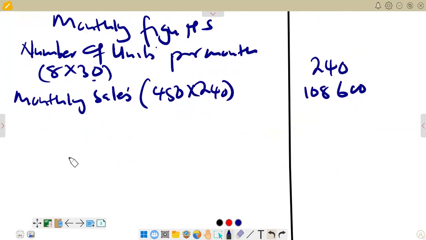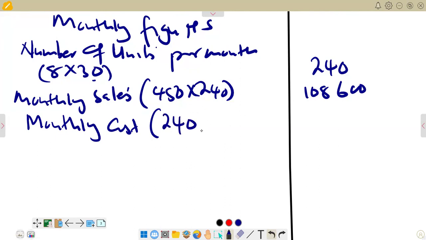Then we calculate the monthly costs. We also have 240 units, and remember the cost per unit after deducting the discount is 240 rand. We multiply by the 240 units we have in a month, and the answer is 57,600.